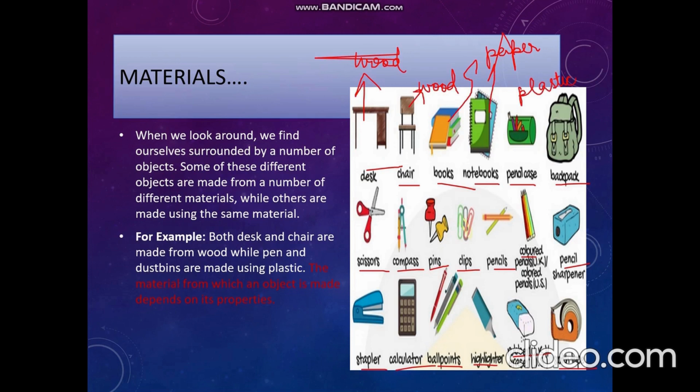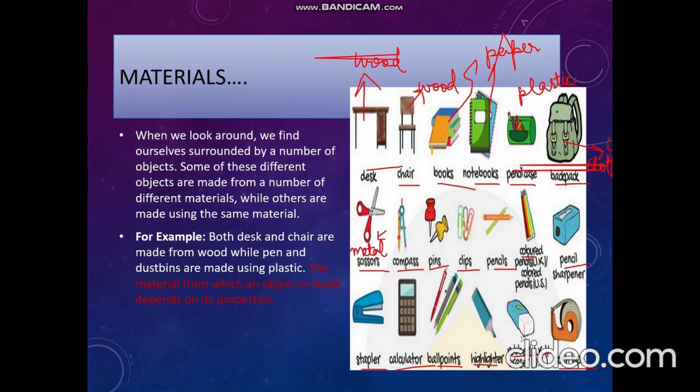Backpack is made up of, it may be of cloth or it may be of any leather thing. Cloth. Scissors are made up of metal. Compass is also made up of metal.